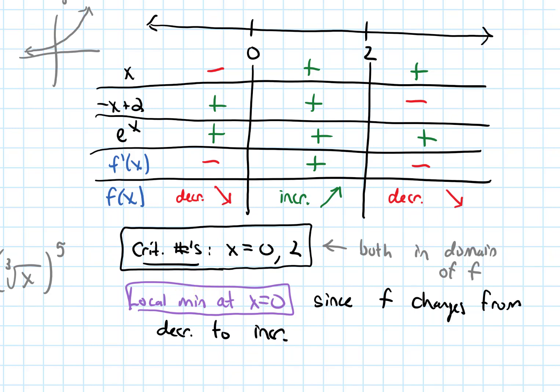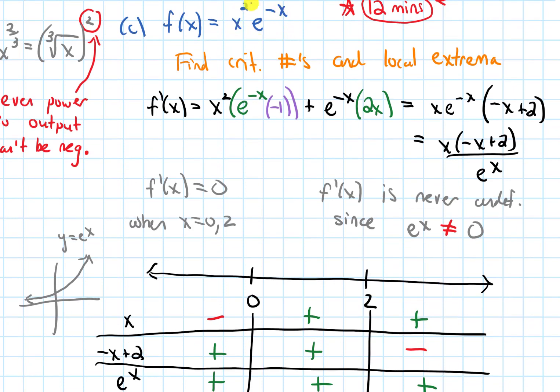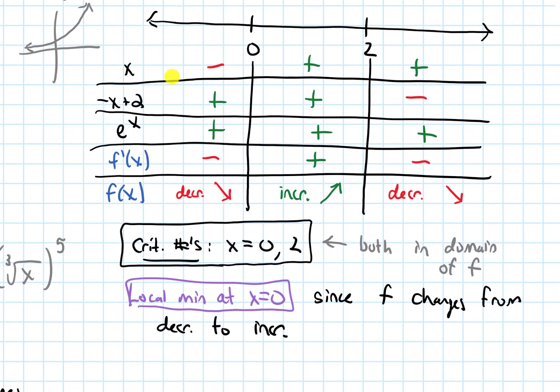And the other part I need is this has to be a number where my function is continuous. And my function, x squared e to the negative x, is going to be continuous everywhere. Okay, so x equals 0 will be a local min.